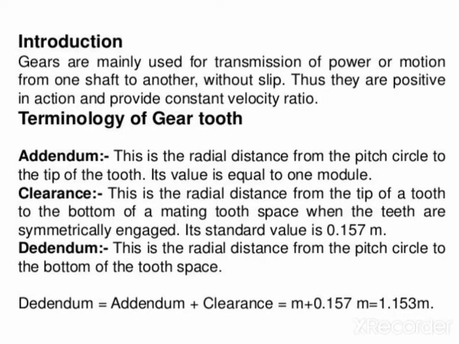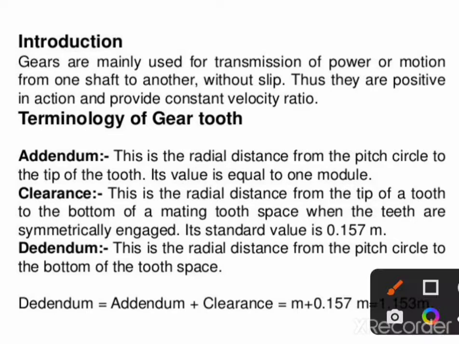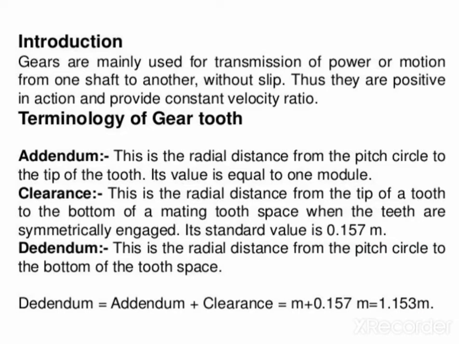When both gears are meeting, it is the radial distance from the tip of the tooth to the bottom of the meeting tooth space when the teeth are symmetrically engaged. Its standard value is given here as 0.157 m.